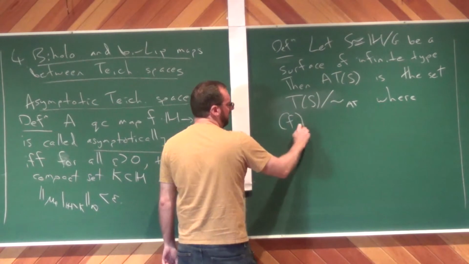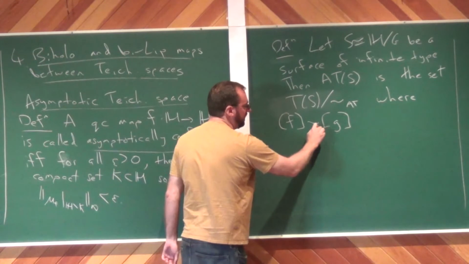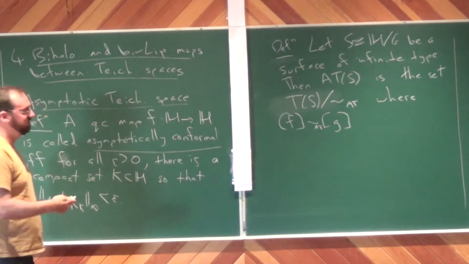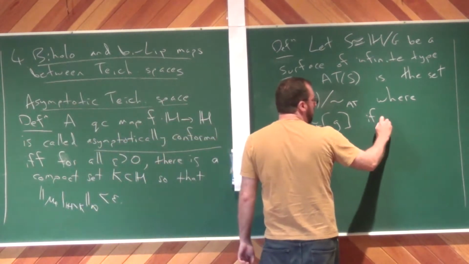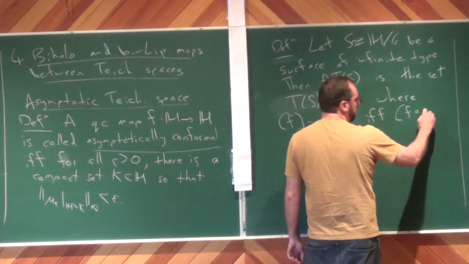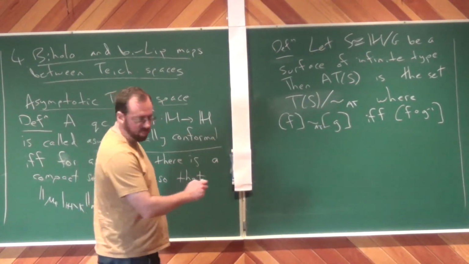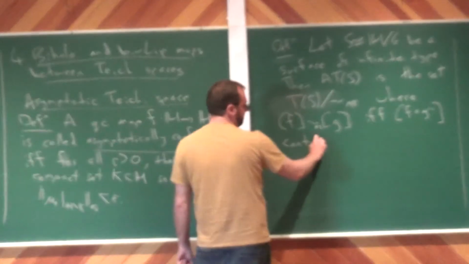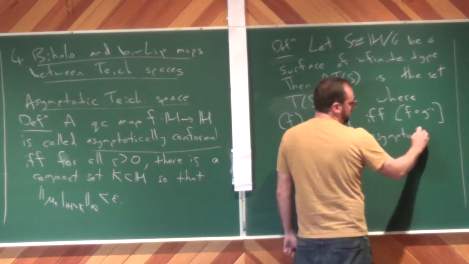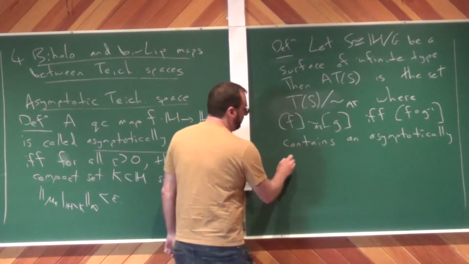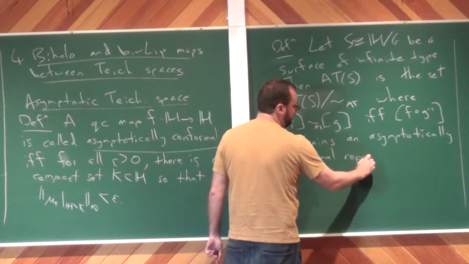where two elements of Teichmüller space are equivalent under the asymptotic Teichmüller equivalence relation if and only if, when you look at the class of F composed with G inverse, that contains an asymptotically conformal representative.